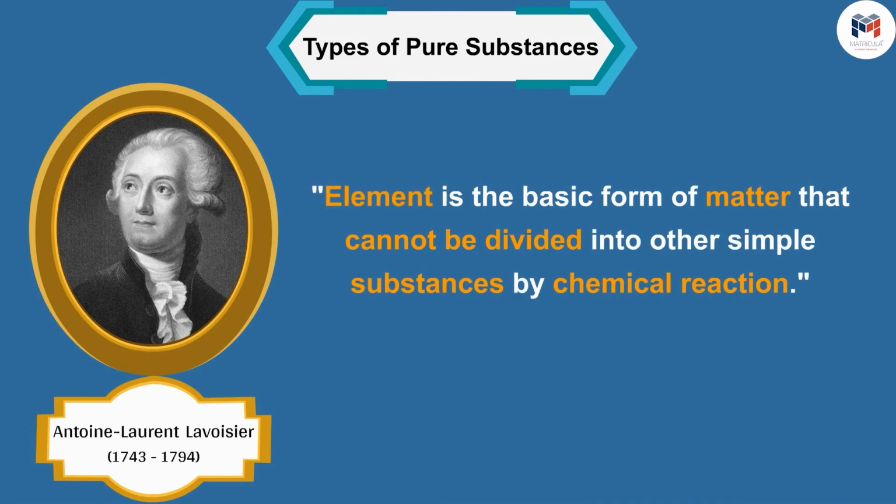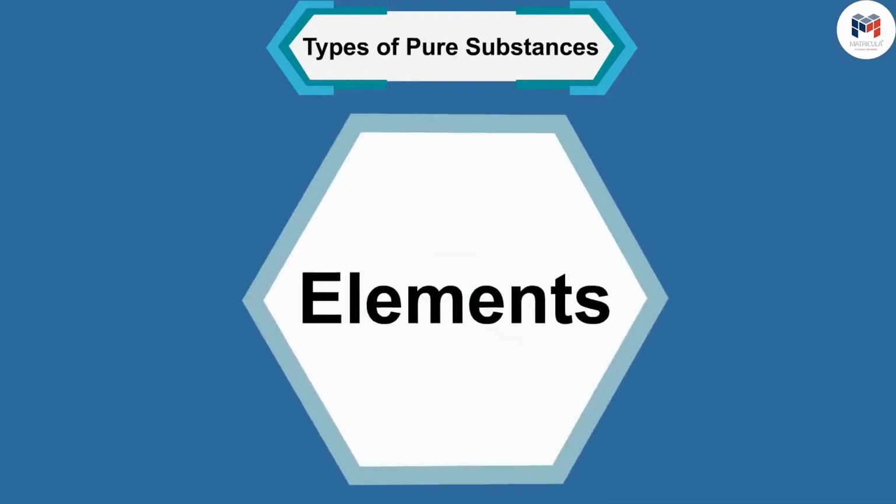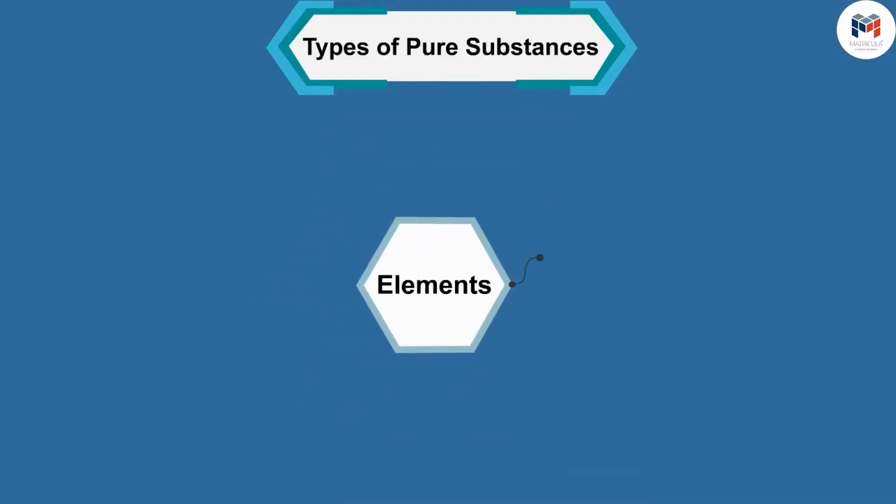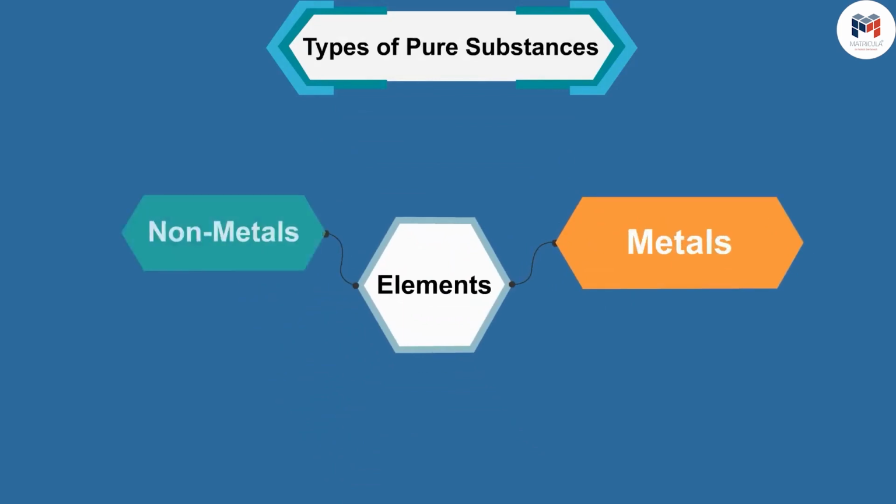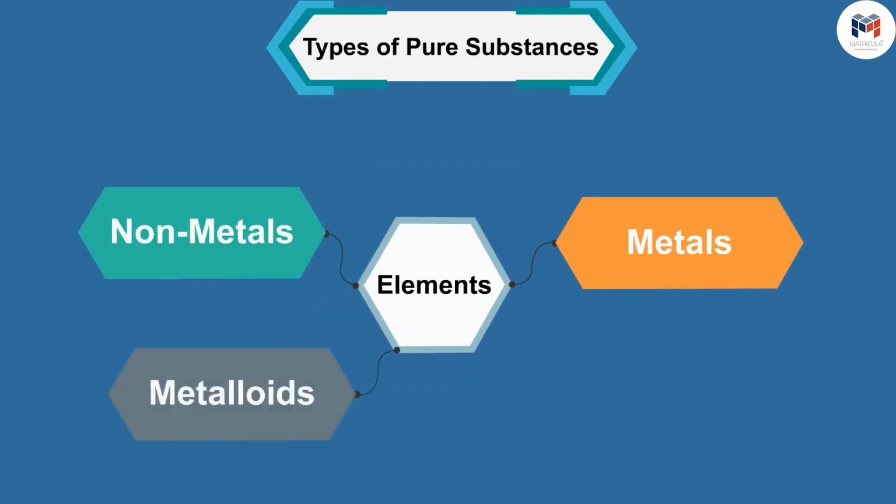According to him, an element is the basic form of matter that cannot be divided into other simple substances by chemical reaction. Elements can generally be classified into metals, nonmetals, and metalloids.